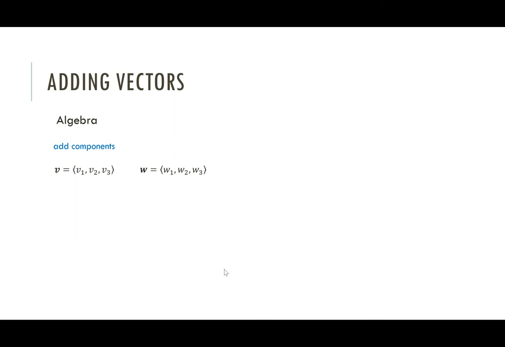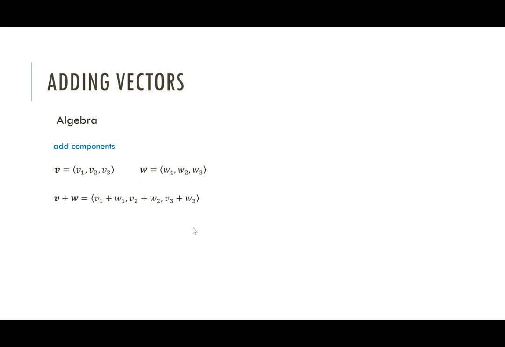So for example, if you've got 2 vectors, V with components v1, v2, v3, and W with components w1, w2, w3, then the vector V plus W is a vector where the first component is what you get when you add the first components of V and W. For the second component, you add the second components. The third component, you add the third. So V plus W is itself a vector, and the components are v1 plus w1, v2 plus w2, and v3 plus w3.